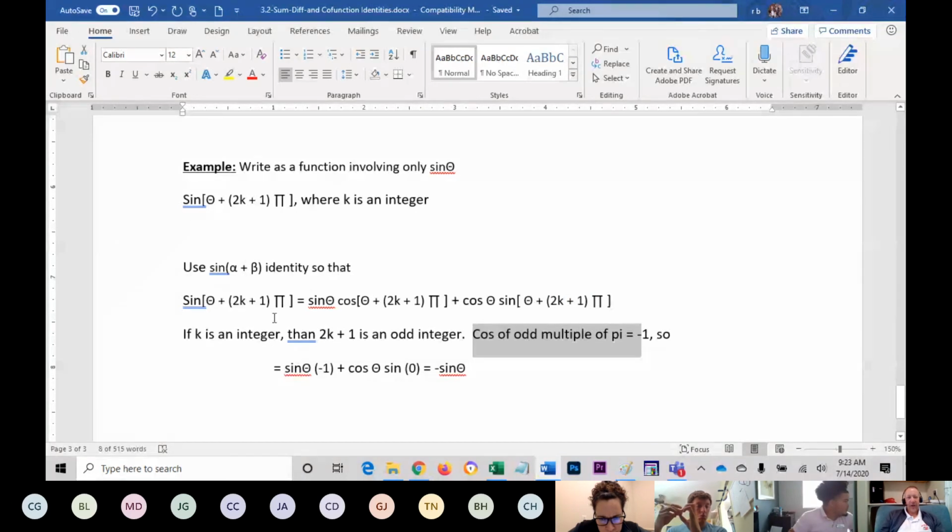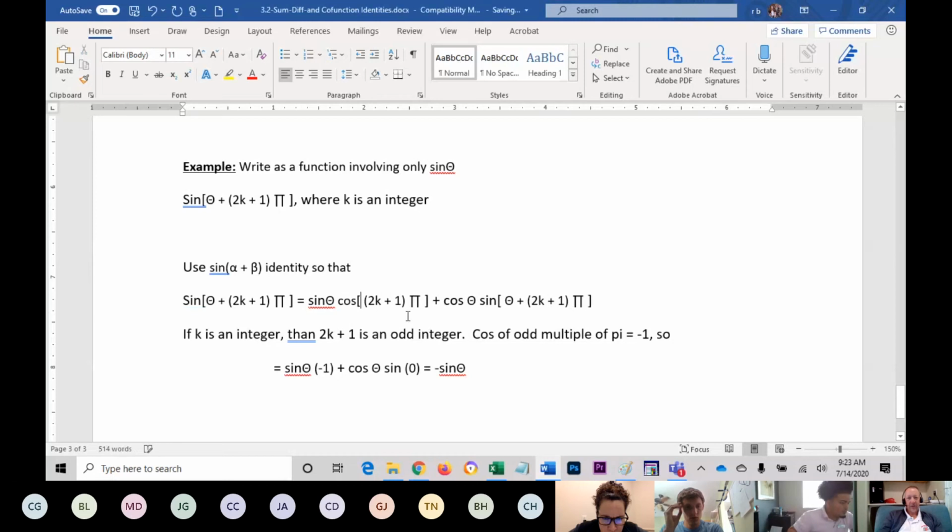So I've got the sine of theta times -1, because all of this is going to be -1.